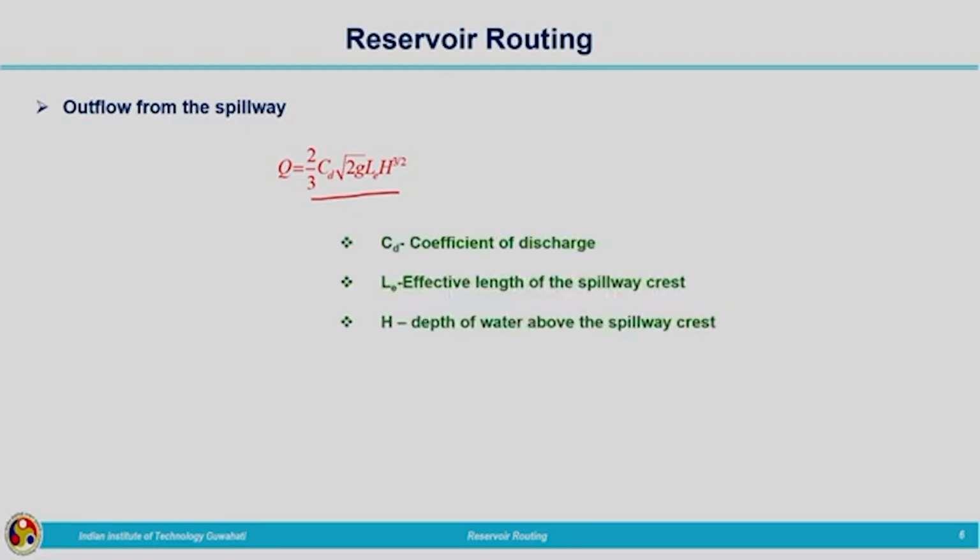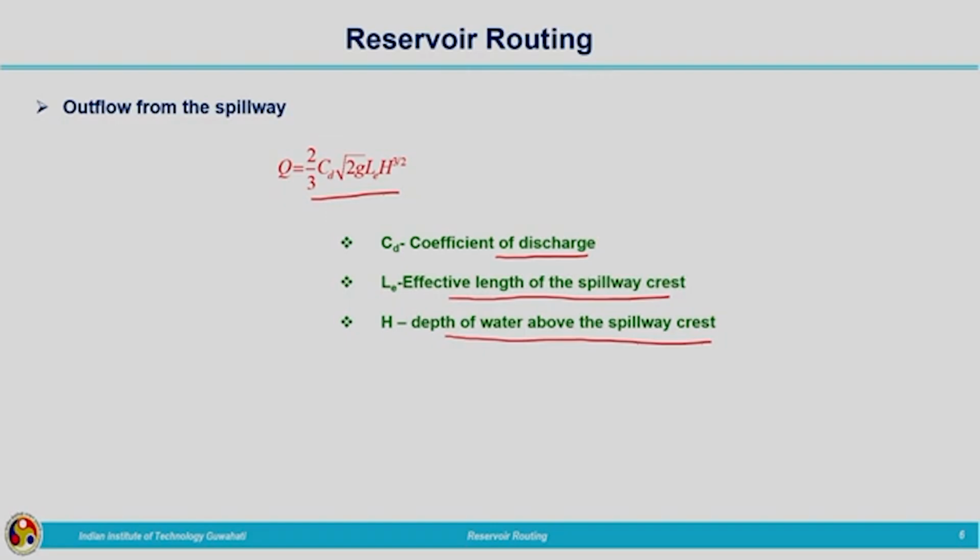In this equation, CD is the coefficient of discharge, LE is the effective length of the spillway crest, H is the depth of water above the spillway crest. That is, we have the water level in the reservoir and the spillway crest is there.